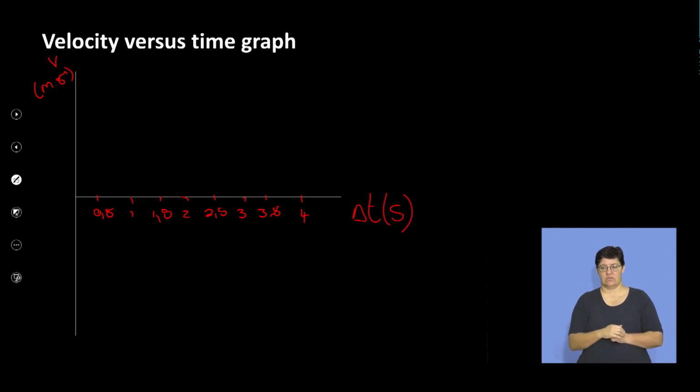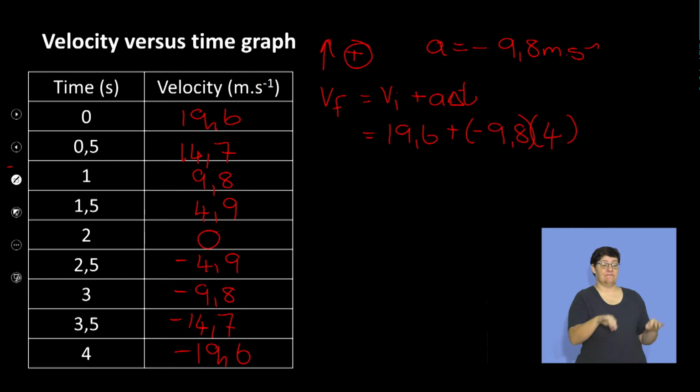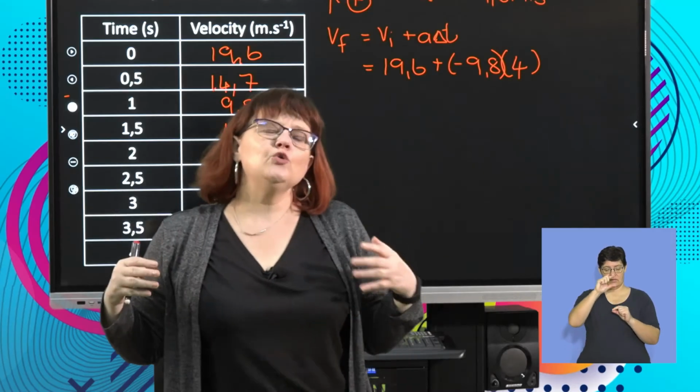Now, if we go back to our values, they're changing by 4.9 every time. So this is a graph where I can use 4.9 as my scale, but we wouldn't normally do that.